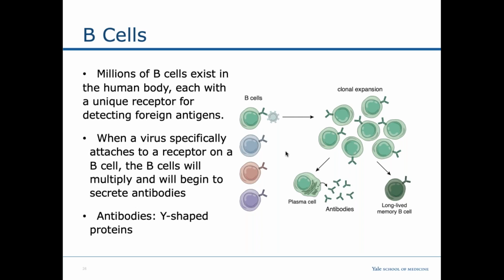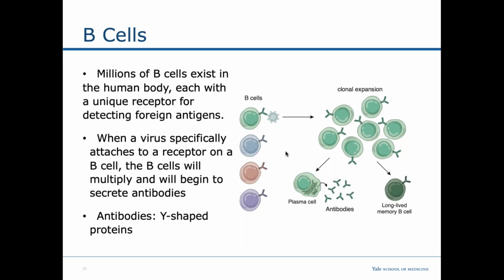When it gets triggered, the particular B cell will begin to multiply and proliferate so that we have more of them. Because we have so many millions, we don't want to have so many of each one. So we only have maybe 100 of each one, and it will start multiplying. Some of the cells will develop into a plasma cell, which makes antibodies and secretes them, the Y-shaped antibodies.